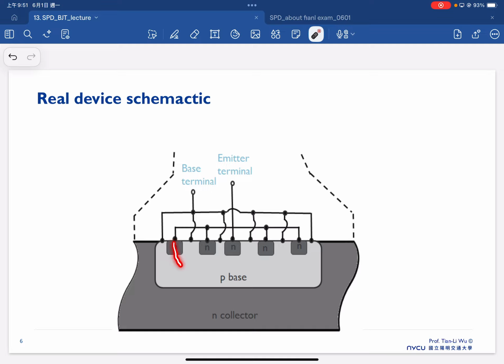We have NPN, NPN, NPN, NPN, and NPN here. That's how it is realistically fabricated as a bipolar junction transistor.